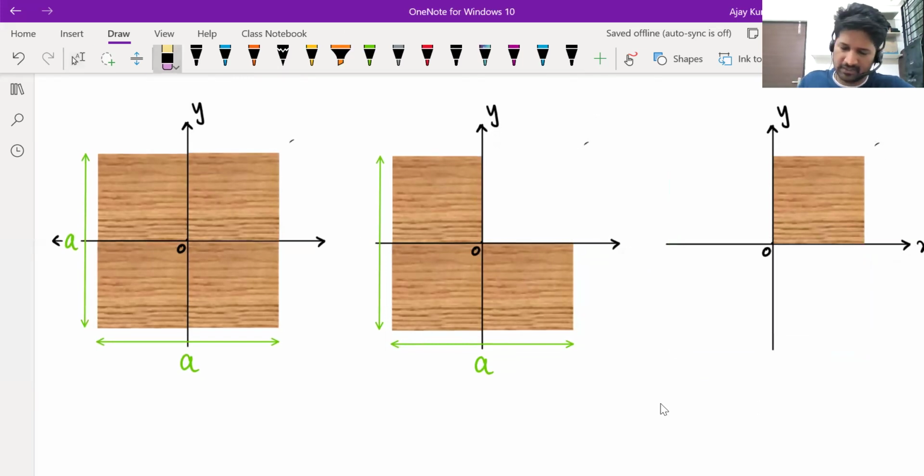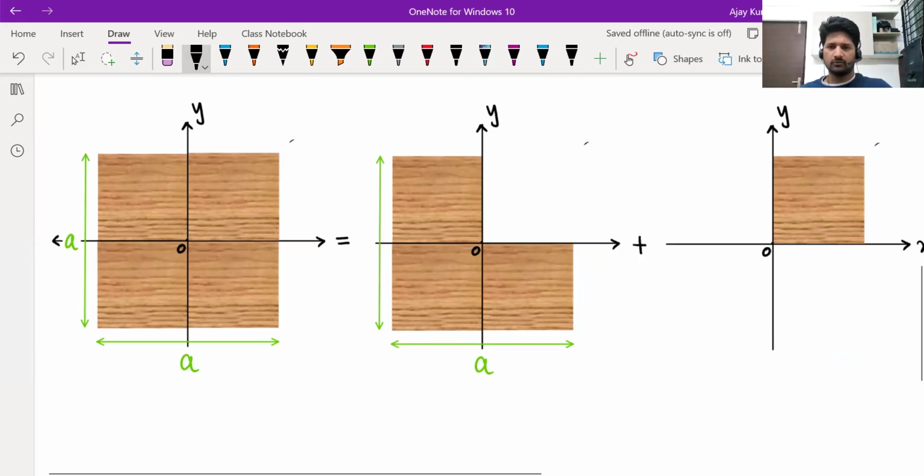The full square can be imagined like this. The full square is the combination of this L-shaped part plus the remaining square bit. Therefore, the L-shaped part can be considered as full square minus the square bit. We just need to rearrange this. Did you all understand what I said?